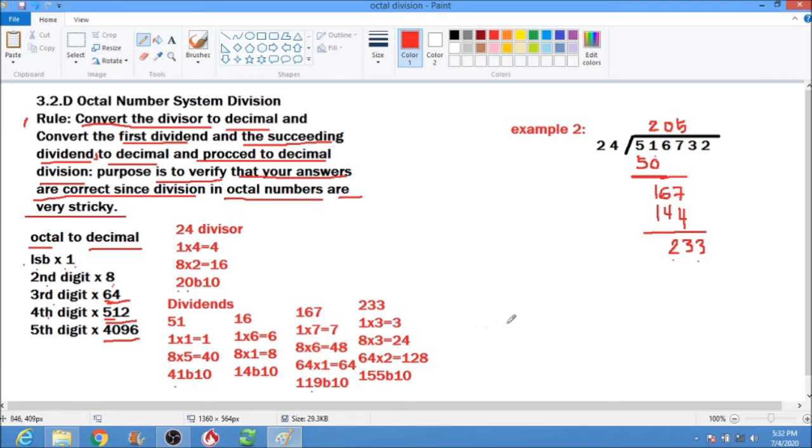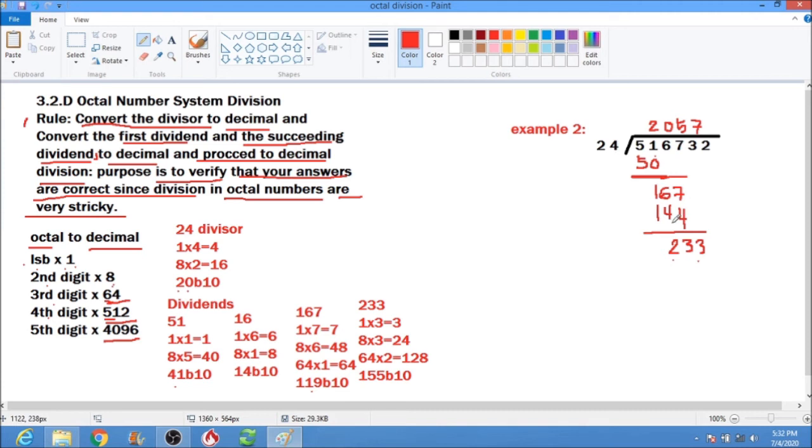So 233 divided by 24 is simply equal to 155 divided by 20, and that will be 7. So write 7. Okay, so 7 times 4, so we have 28.